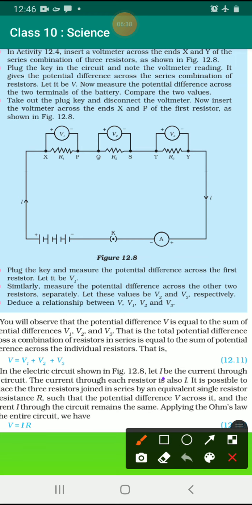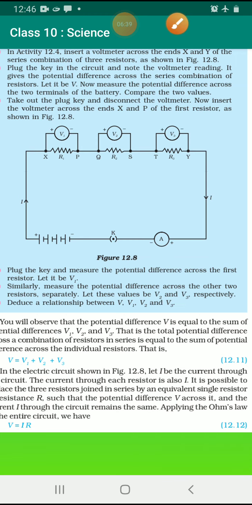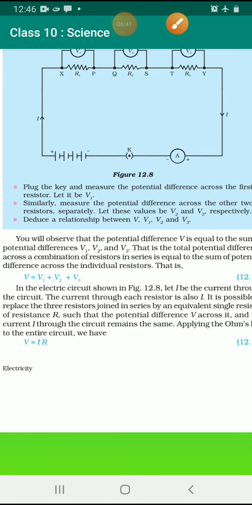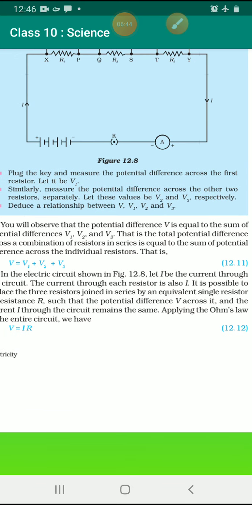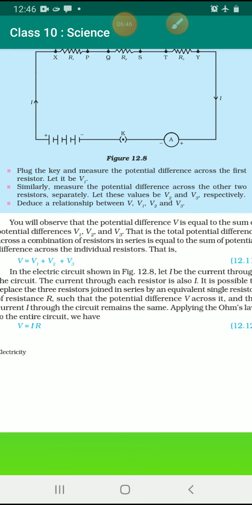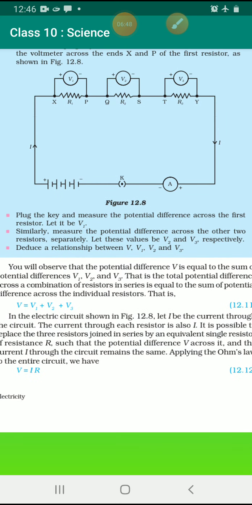In your activity it is also given to plug the key and measure the potential difference across the first resistor. Let it be V1, V2, V3. Suppose in this example V1 is 5, V2 is 6, and V3 is 7.